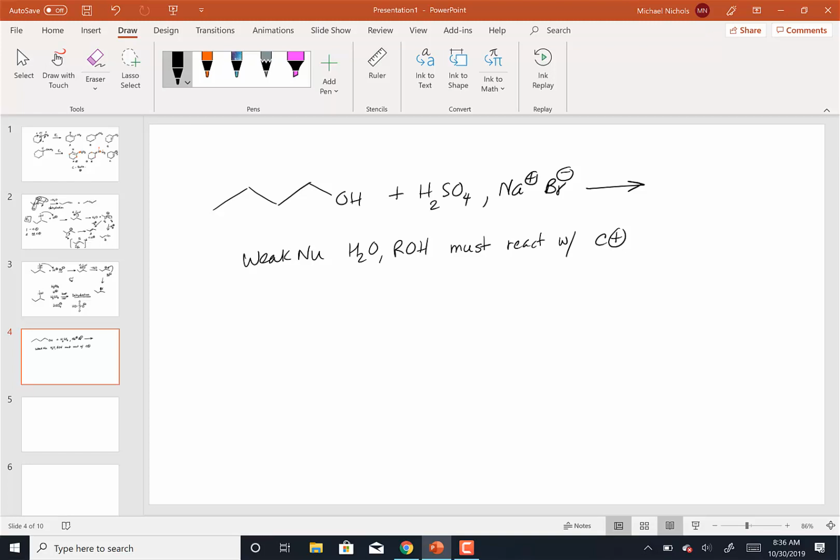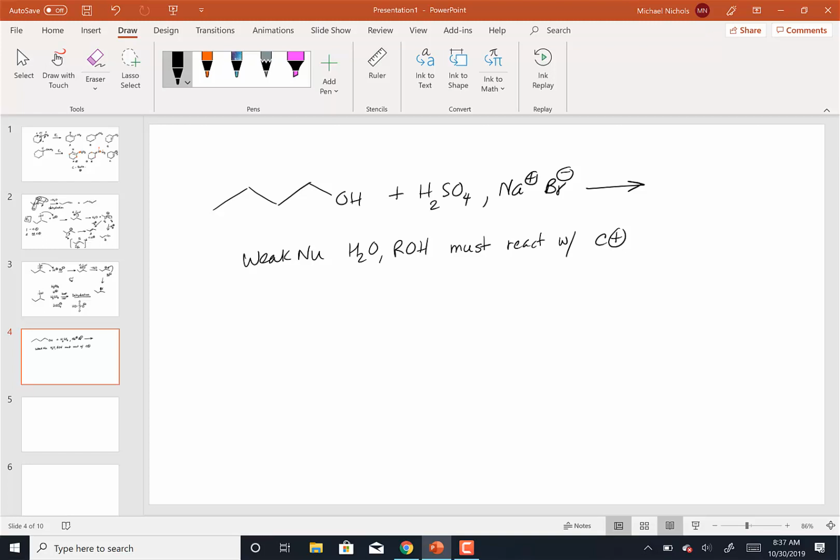They're not strong enough to undergo SN2. So weak nucleophiles must react with a carbocation, which means that they must undergo 1 reactions. Okay.